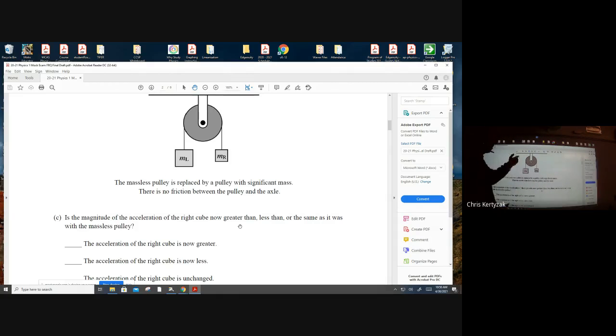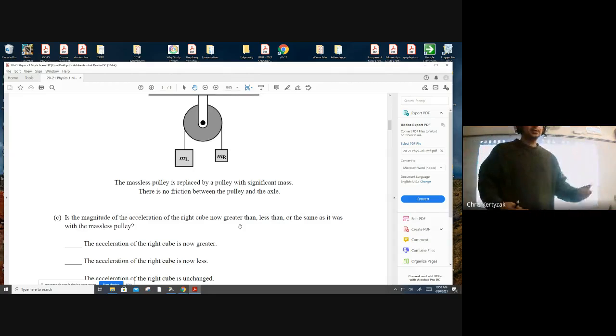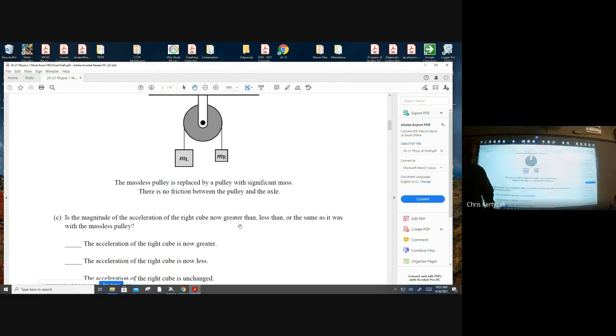However, when there's a pulley involved, some of that potential energy loss, again due to the big one falling, doesn't just get turned into kinetic energy for the two blocks. It turns into kinetic energy for the two blocks and the pulley, because the pulley is now rotating. And since its mass is not negligible, its rotational energy is not negligible. It's a big heavy-duty thing with some serious rotational kinetic energy, 1/2 I omega squared, right?